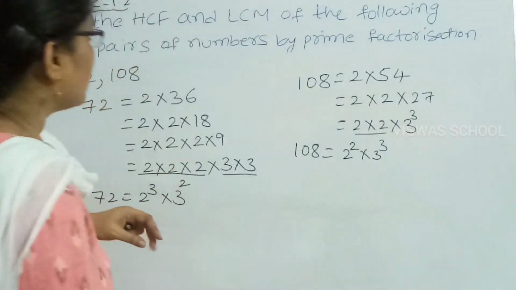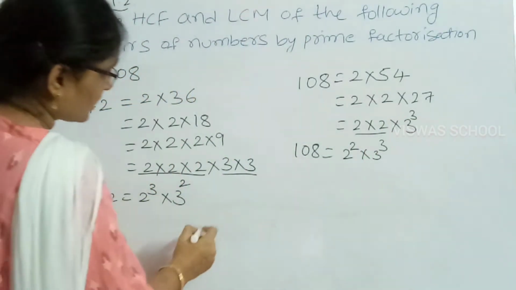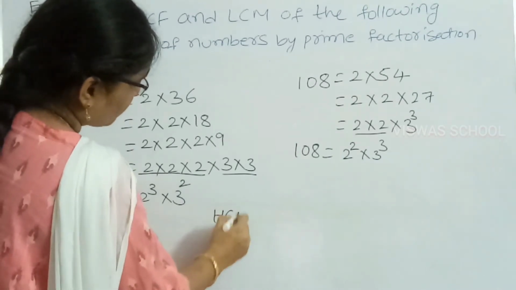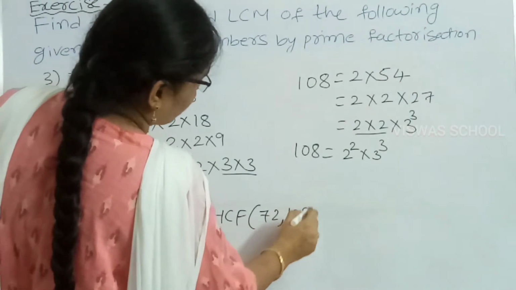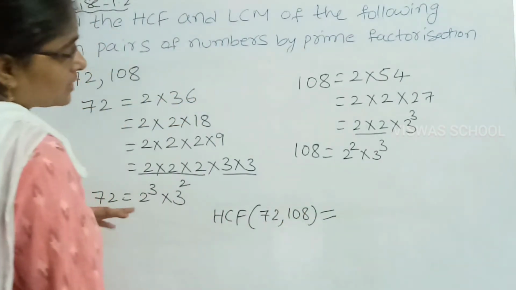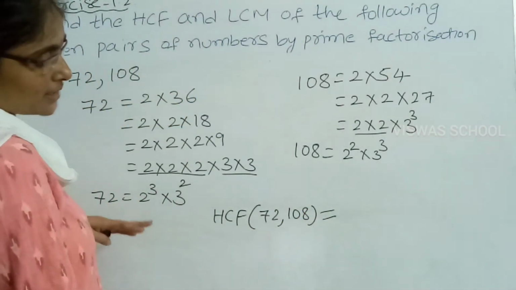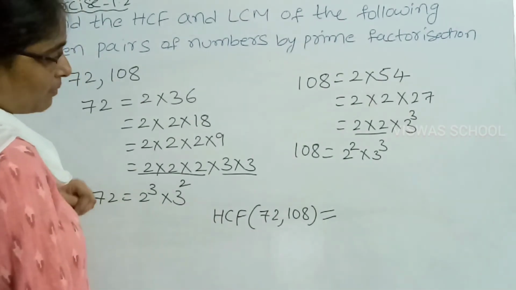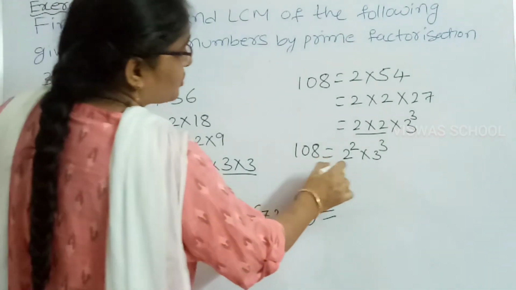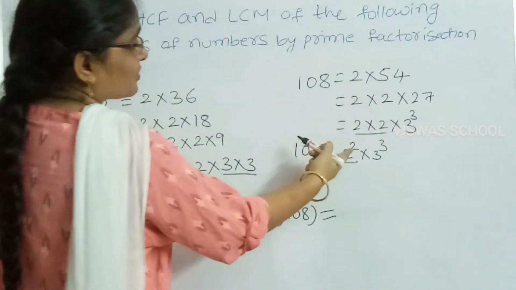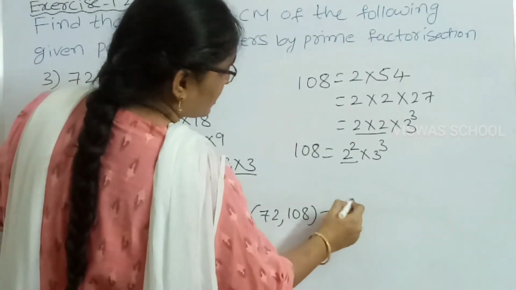Now write the HCF and LCM. That is HCF of 72 comma 108 equals, HCF means what here? Smallest power of each common prime factor. Out of 2 cube and 2 square, the smallest power is what? 2 square.